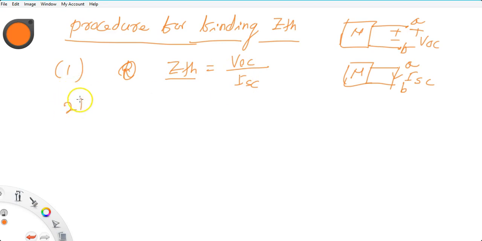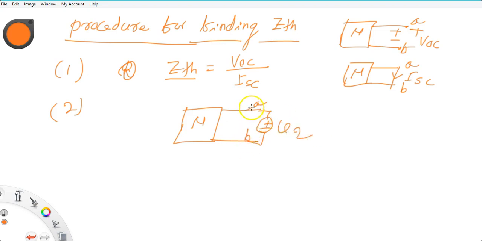Another procedure: you can also drive the network with a voltage source. Network means linear network. You can drive the terminals A and B by connecting a voltage source V2, so obviously the current will be I2.